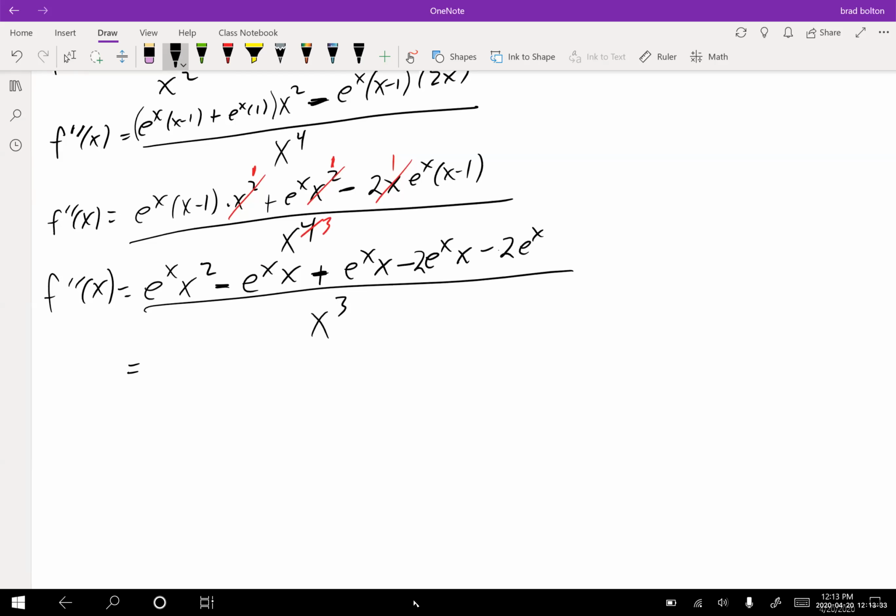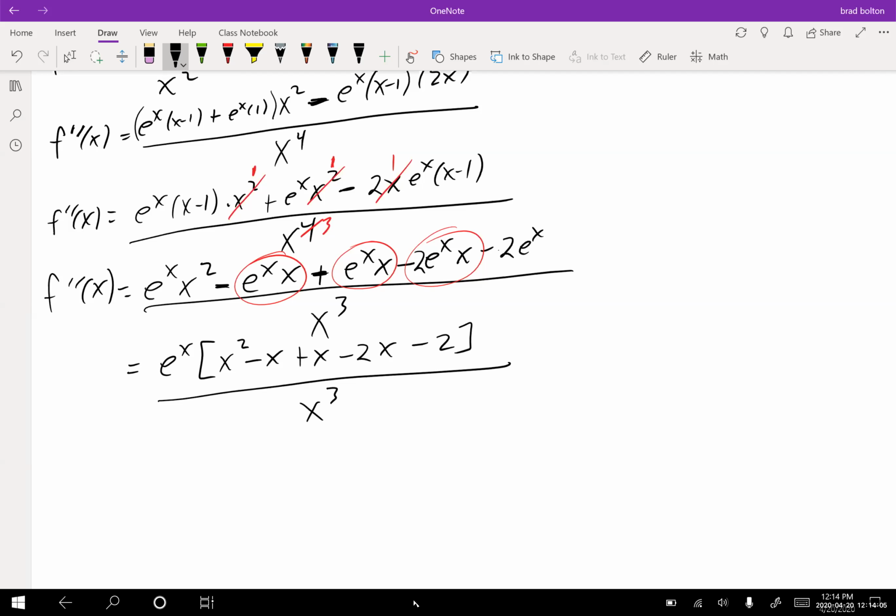Okay, so let's clean up some more. This right here is an e to the x, and this is an e to the x, and this is an e to the x. They all have an e to the x, so let's factor that out. That's going to be e to the x times (x squared minus x plus x is 2x minus 2) all over x cubed.